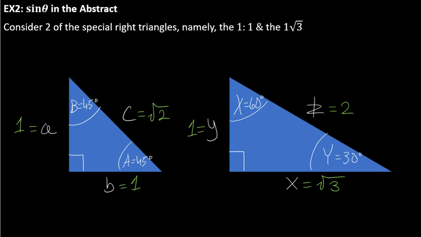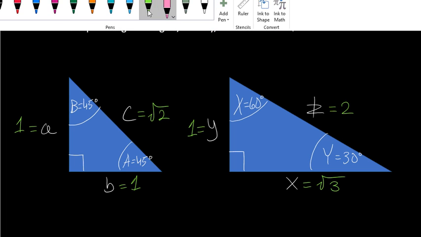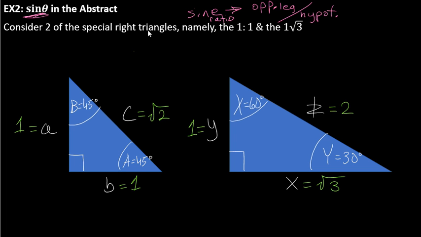Okay, so what were we doing there? Well, again, we were doing the sine ratio. Sine is opposite leg over hypotenuse. Okay, that is the sine ratio. And all it's really saying, if we're going to use it as an operator, as a function.